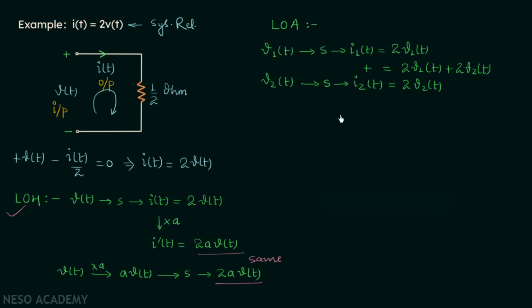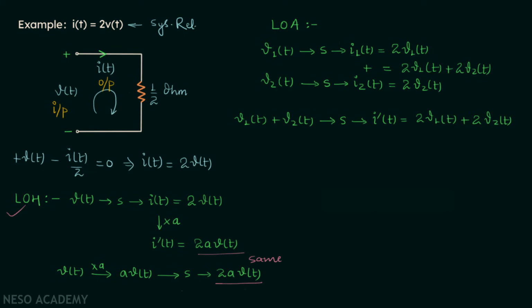Now in scenario number 2, instead of adding the two outputs, we will add the two inputs first. We will have V1t plus V2t, and now we will use this as the input to our same system. We will have the output, let's say, I prime t, and the output will be equal to 2 times V1t plus 2 times V2t.